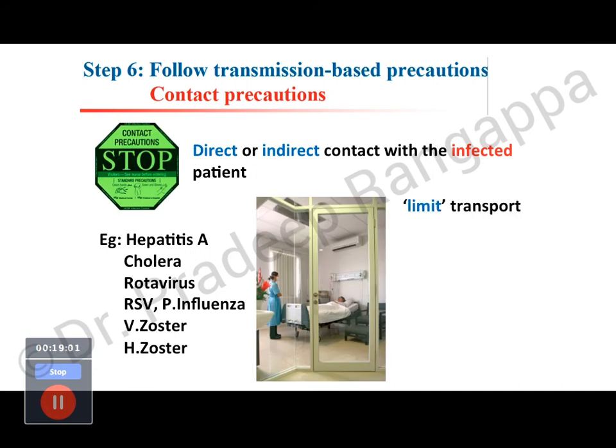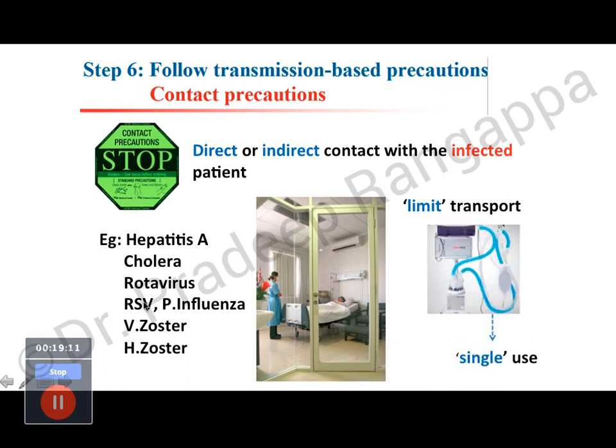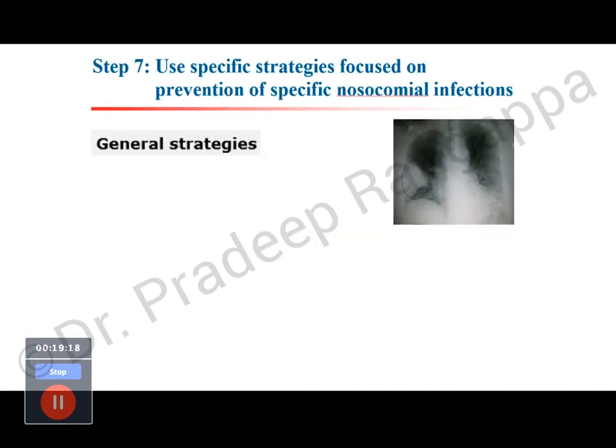And their transport within the hospital or intra ICU has to be limited to prevent the spread. And the circuits that are used in the ventilator have to be single use, and they should not be reused when in contact with infected patients.